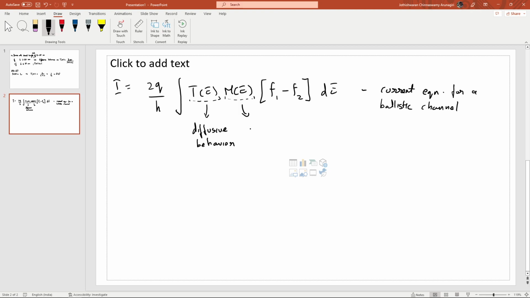Okay, so the modes correspond to the energy broadening. Energy broadening in turn depends on the finite transit time.